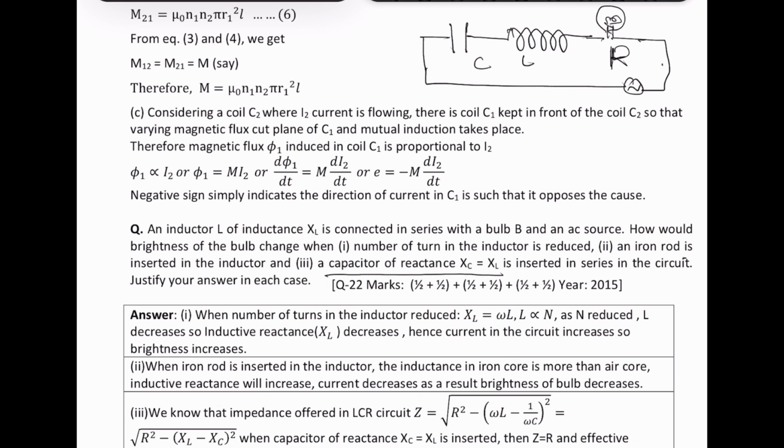It is given that the resistance offered by the capacitor, called capacitive reactance, is the same as the resistance offered by the inductance.